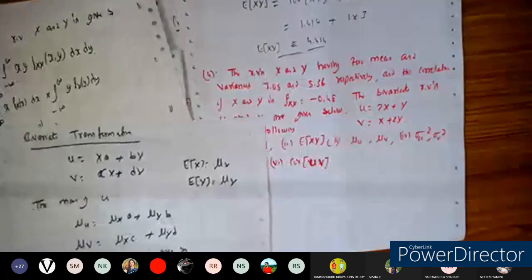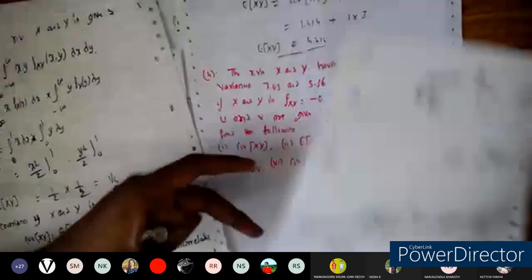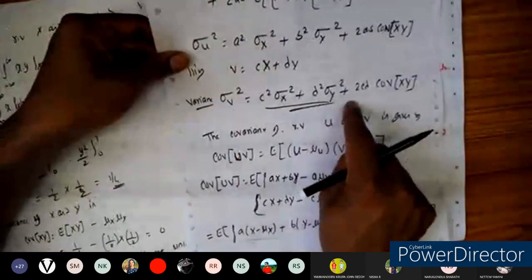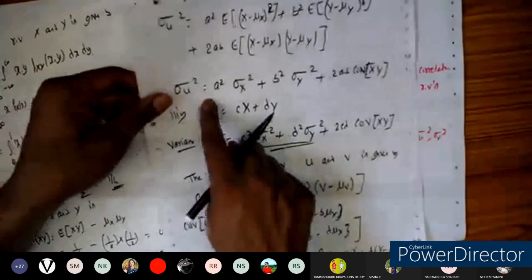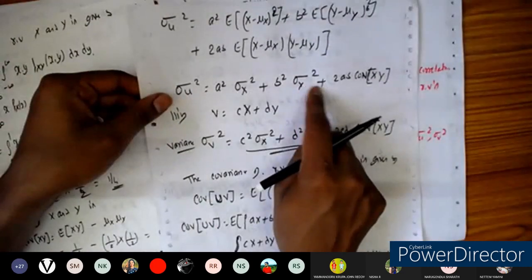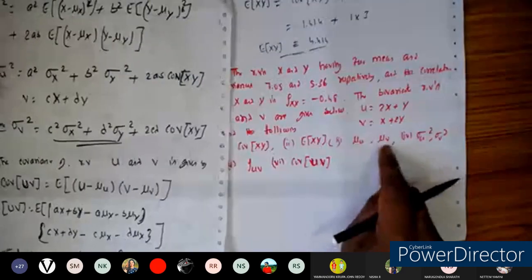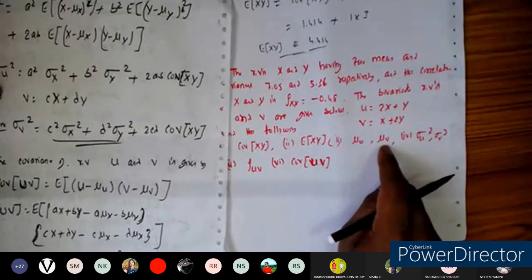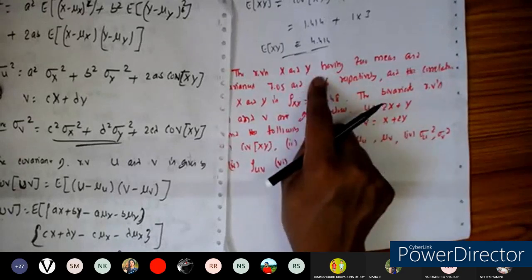We have the sigma U square formula here, the variance of this one. In place of a we have 2, so make use of this formula to find sigma U square, because mu U and mu V will be equal to 0. Why? Because the random variables X and Y have 0 mean.